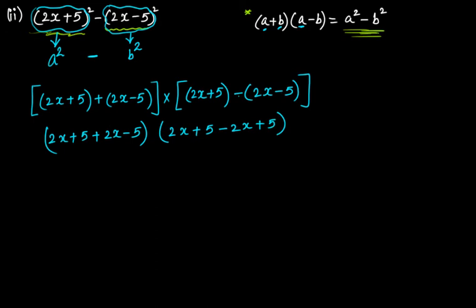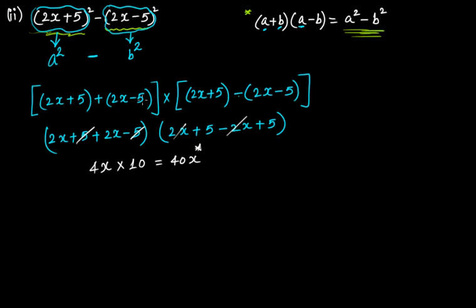So plus 5 minus 5 gets cancelled and gives 0. 2x plus 2x means 4x, and here 2x minus 2x gets cancelled. Here 5 plus 5 is 10, so this is 4x multiplied by 10, which gives you 40x.